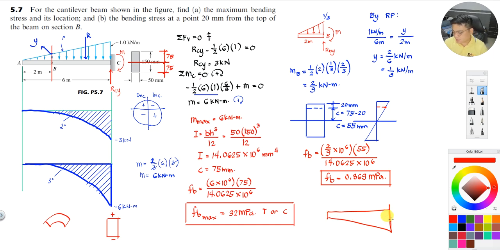Pag lumalapit ka doon sa support, lumalaki yung moment mo, lumalaki yung stress mo, kaya nagre-require ng malaking cross section. So that's why you will see cantilever sections like that. I'll give you 5 minutes to copy if you have questions, so you may ask po.